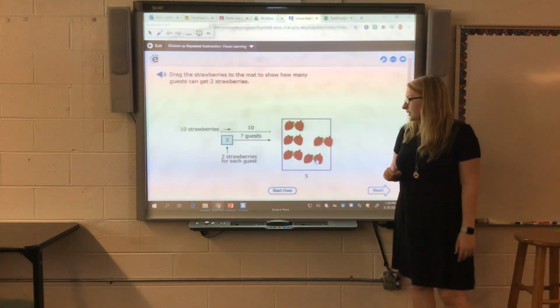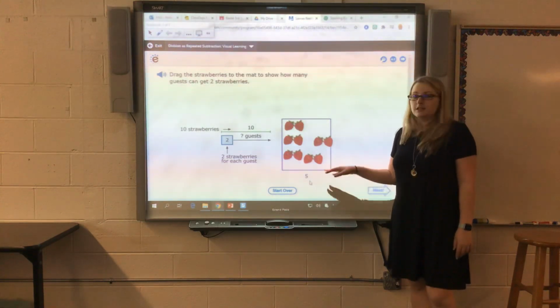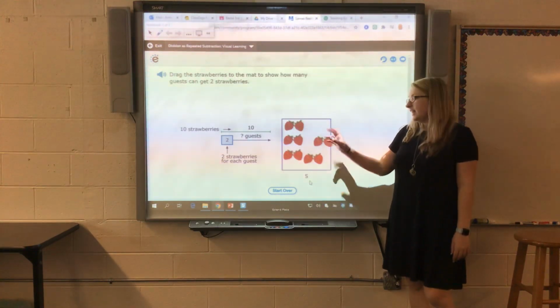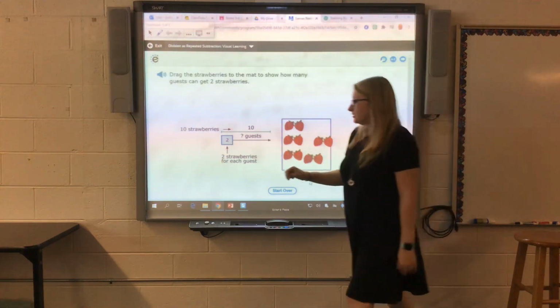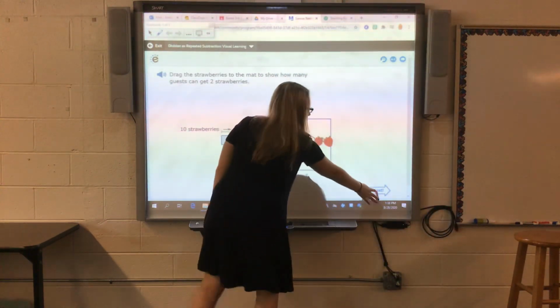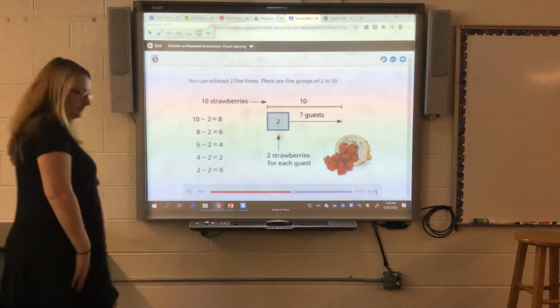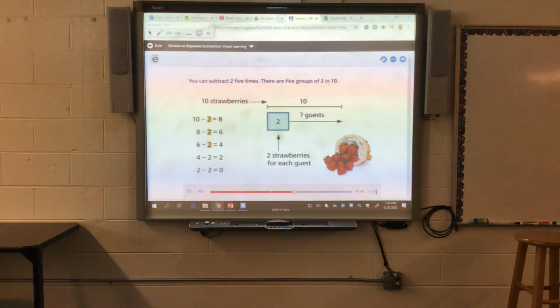And then our last little bundle is 5. So altogether, 5 guests can have 2 strawberries each. You can subtract 2 5 times. There are 5 groups of 2 in 10. There are no strawberries left. June can serve 5 guests.